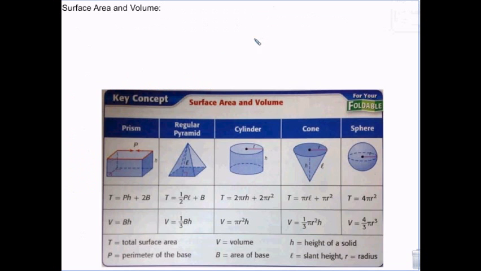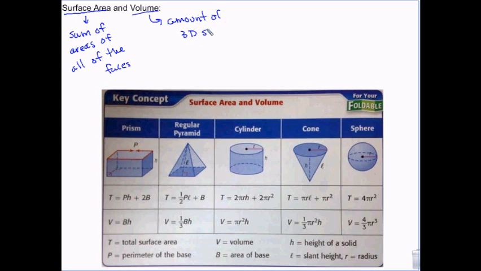Okay, so surface area and volume can be calculated. Now, surface area is the sum of the areas of all of the faces. Okay, and then volume is the amount of 3D space.